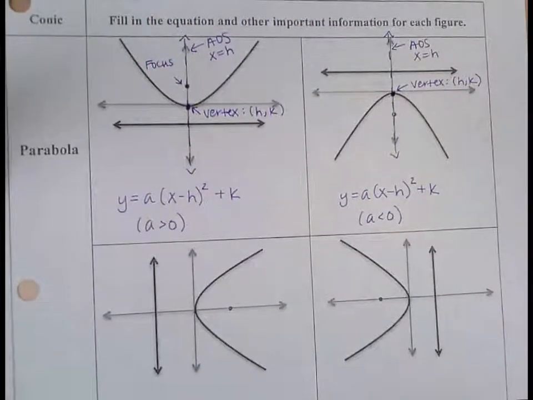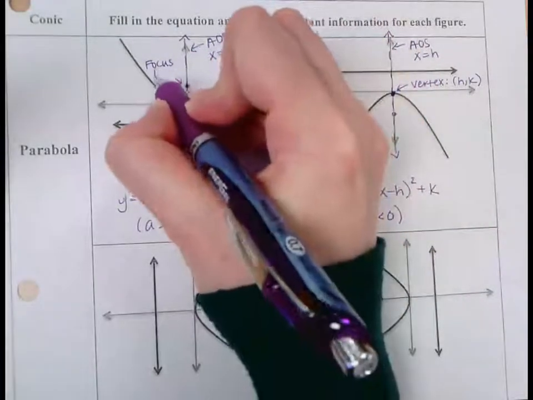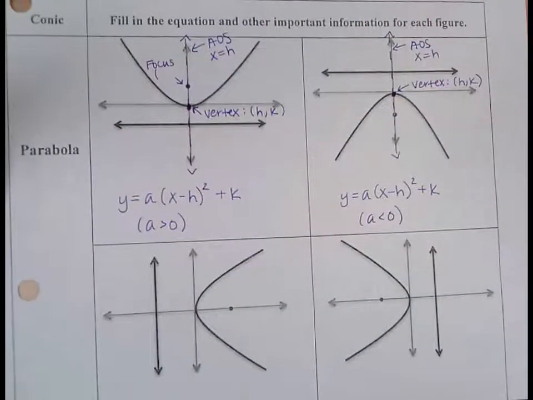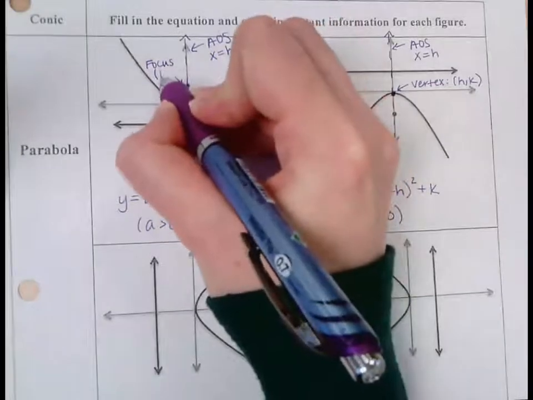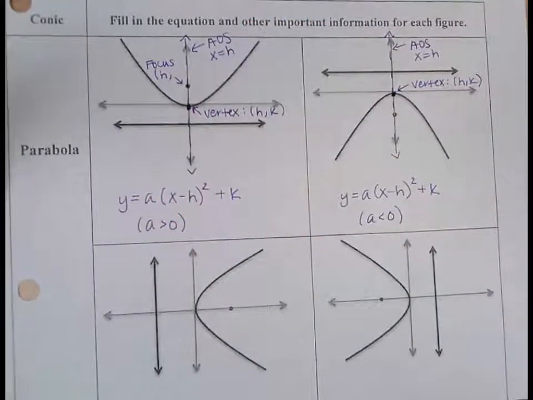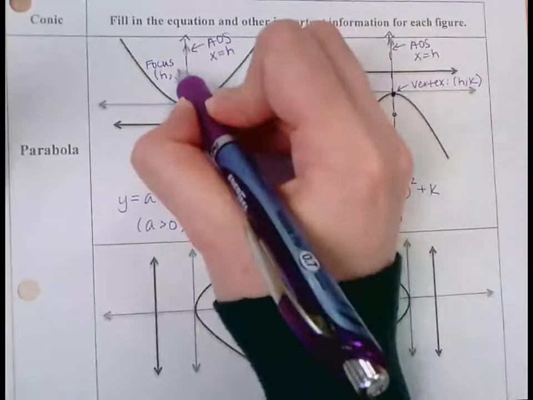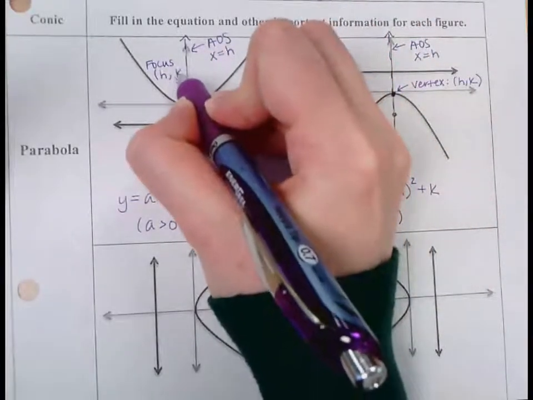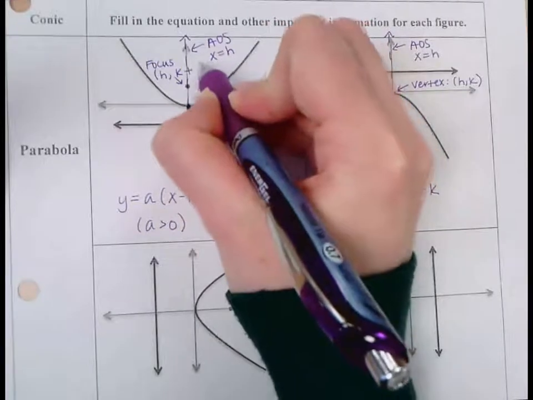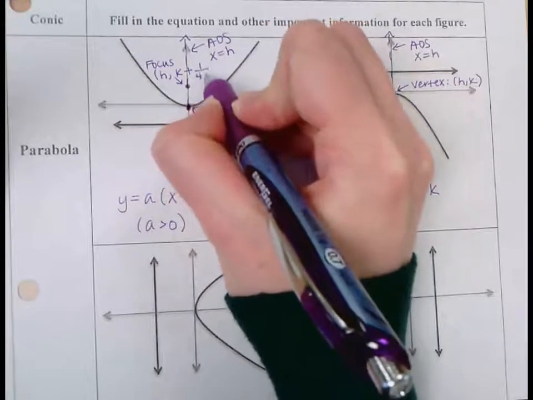And there is a formula, it is a point, so there's a formula for the ordered pair. So the x coordinate is just your h value. The y coordinate is k plus 1 over 4a.